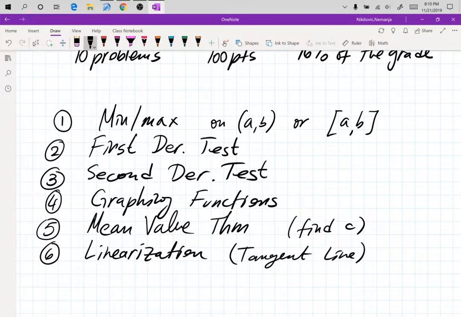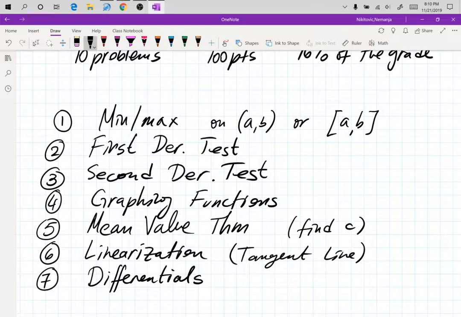I couldn't care less whether you are memorizing the L(x) formula or you're just going to do the tangent line. It's the same thing. Number 7, differentials. So linearization approximates the value, differential approximates the change. So that's what we have.